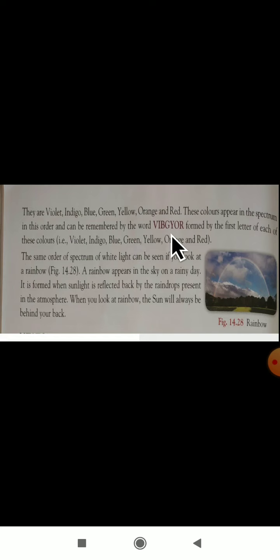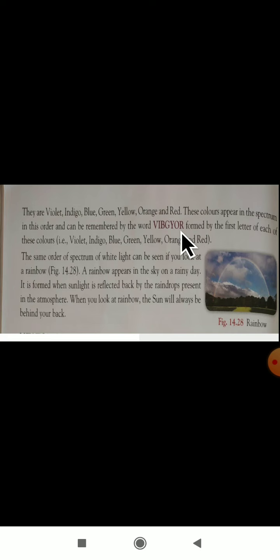In short we call it VIBGYOR, formed by the first letter of each of these colors.